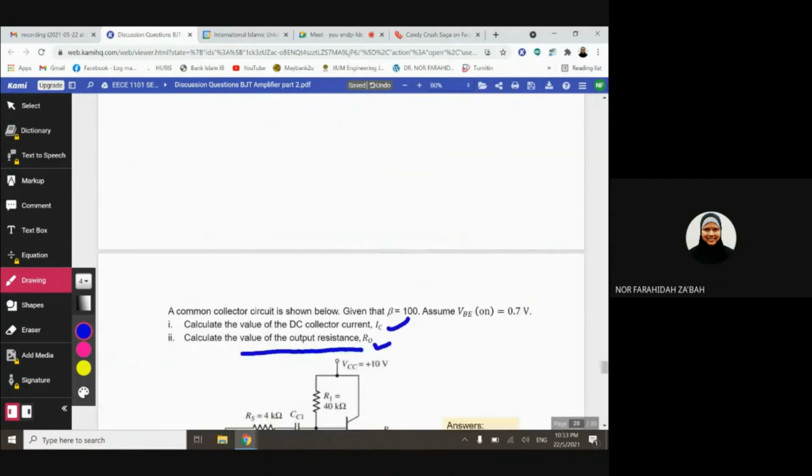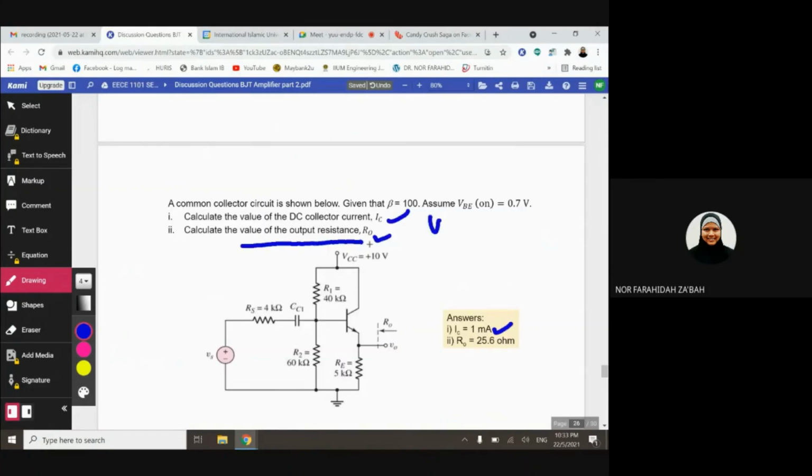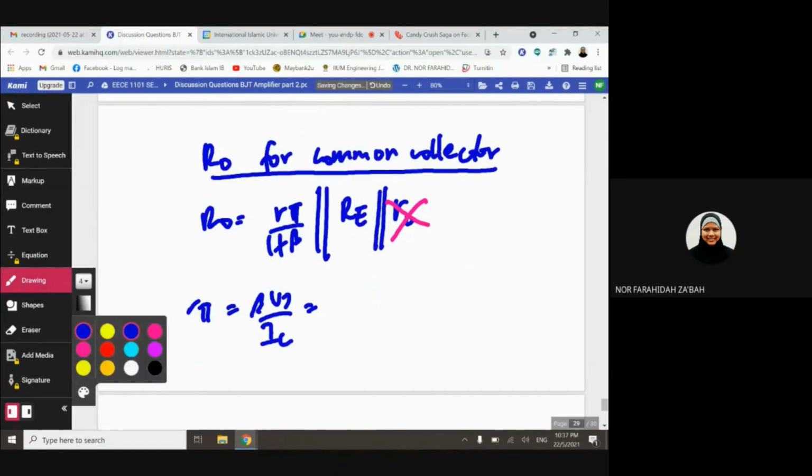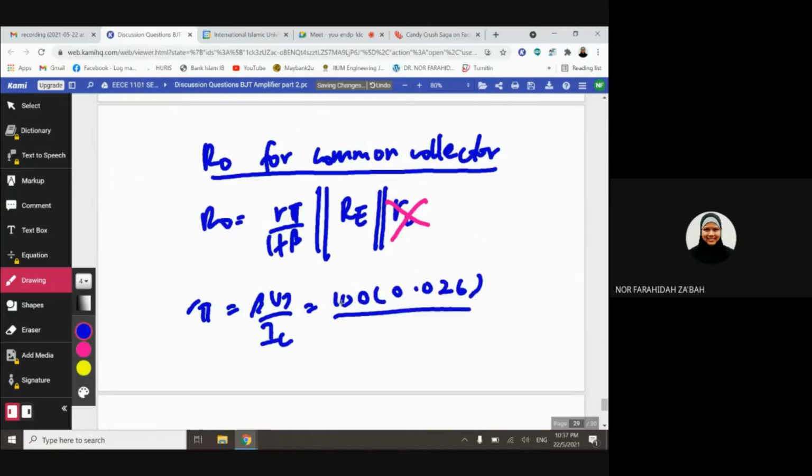The small R0, VA is not given, so VA is infinity. If VA is infinity, it means that you don't have to worry about R0. So you just need to calculate R pi. R pi equivalent to beta VT over IC, equivalent to 100 multiply with 0.026. Let me use the answer of 1 milliampere, so I will get 2.6 kilo ohm.